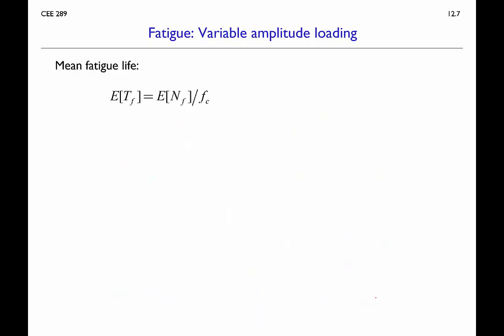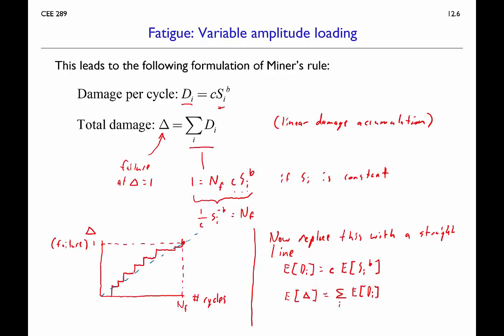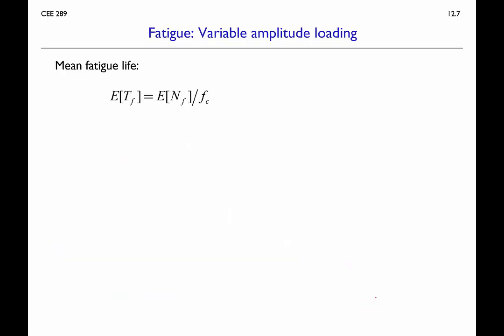So now with these formulas, we're going to be able to get at potentially the number of cycles to failure. And if we're interested in the time to failure, let's call that T_F. So I'd be interested in knowing, is my bridge girder going to last 30 years if it's getting cycled by cars passing over it, something like that?